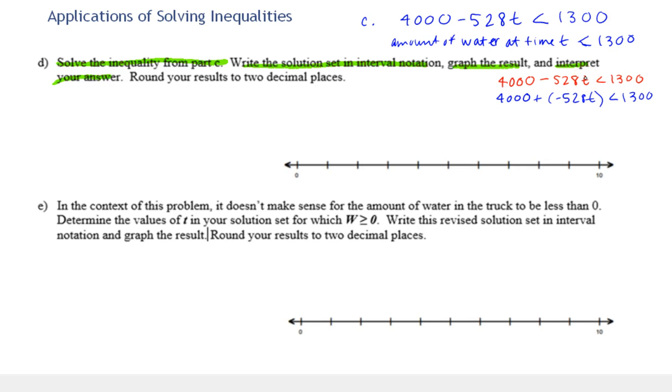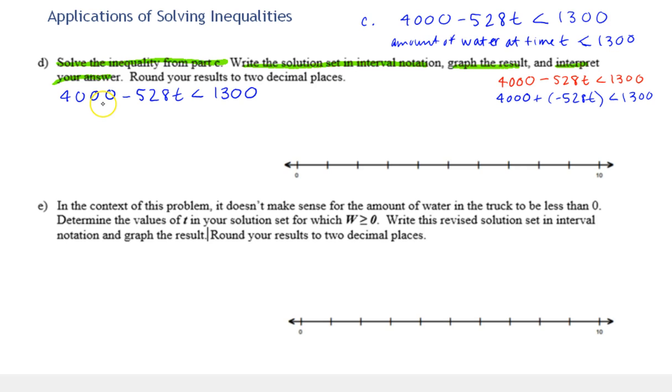Take t, multiply it by negative 528, and add 4,000 to that product, and the result is less than 1,300. As an exercise, you should solve this inequality that way. I want us to work with the original because I want you to see different variations of how we can solve these. It's not really that different, but we're going to solve this using the properties of inequalities that we learned, and we're going to see something a little bit different happens.